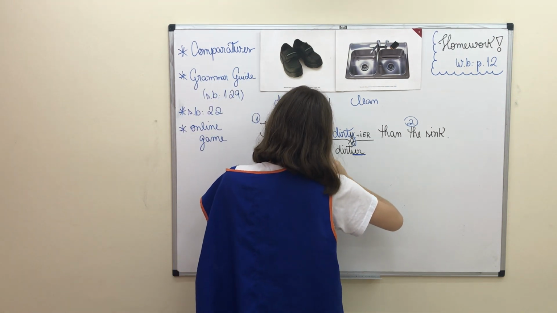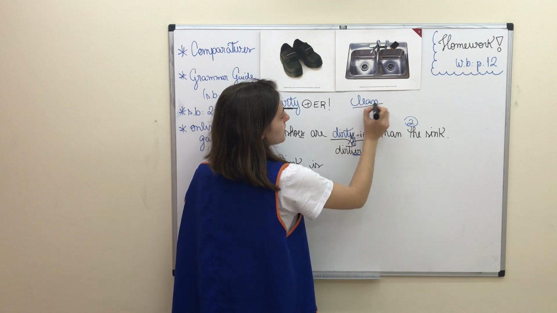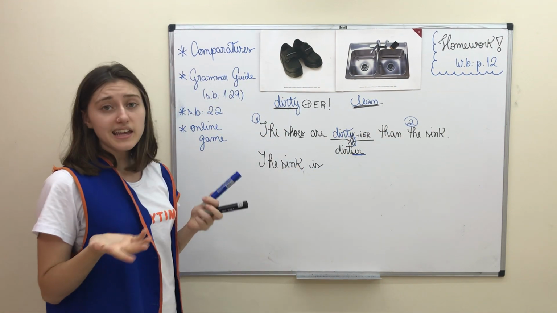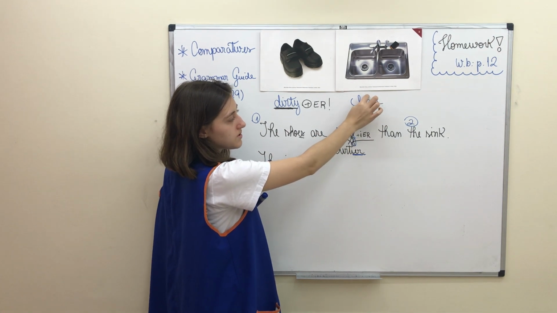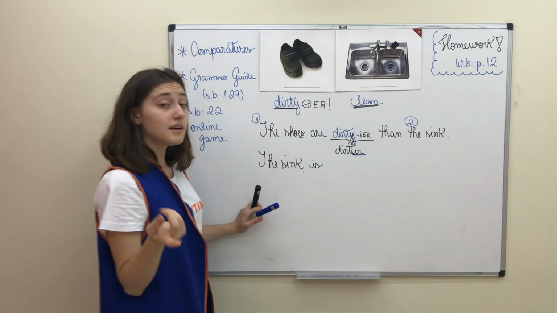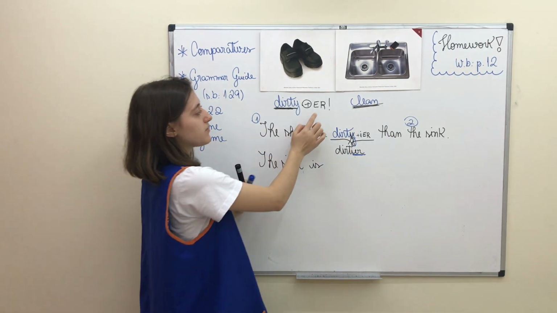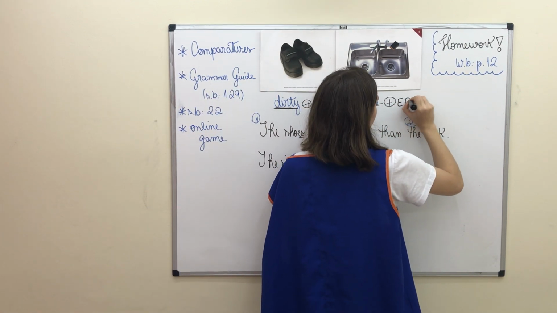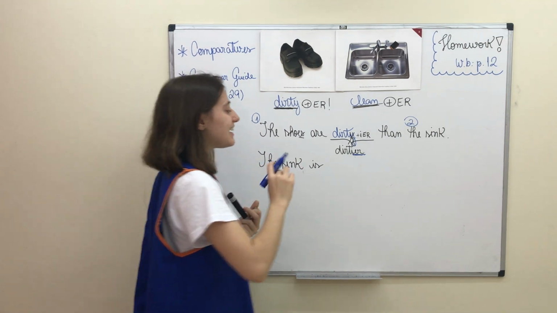So the sink is, then I have to use this word, clean. The sink is clean, não tem CVC. Não termina com consonant, vowel, consonant, e não termina com Y, então eu não preciso mudar nada. I just have to add ER. Okay, so the sink is cleaner.